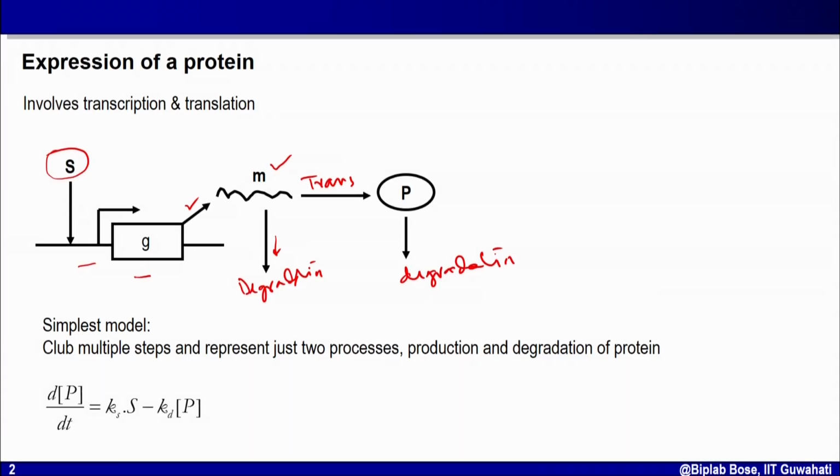I can write a simple ODE representing the rate of change of protein concentration, and we have seen earlier that dP/dt will be equal to Ks into S, that is the rate constant of synthesis of the protein into S, the signal which is inducing the production of the protein, minus Kd into P, this is the first order degradation of protein. You have seen it in an earlier module. This is the simplest one I will always recommend using if I am not bothered about the detailed mechanism, the multiple steps involved in the production of a protein.